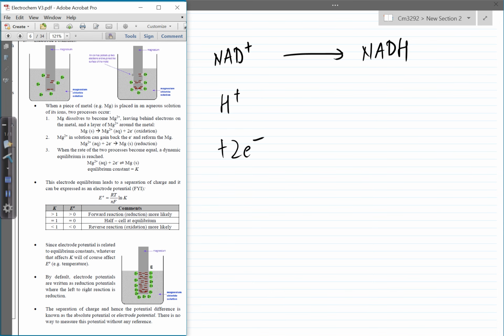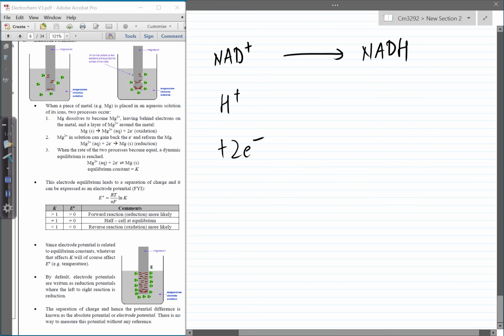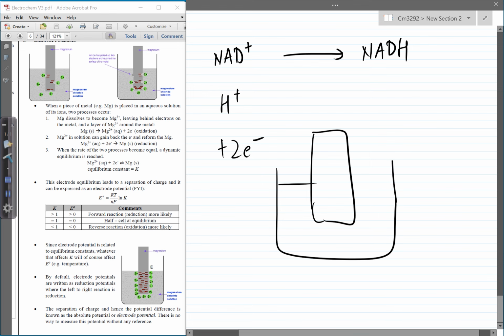It was found that this K is actually related to a term known as electropotential. What actually happens is that at the instant you place the metal into a solution, and let's say you somehow measure the potential difference between the two, it will be zero because there are no charges built up yet.